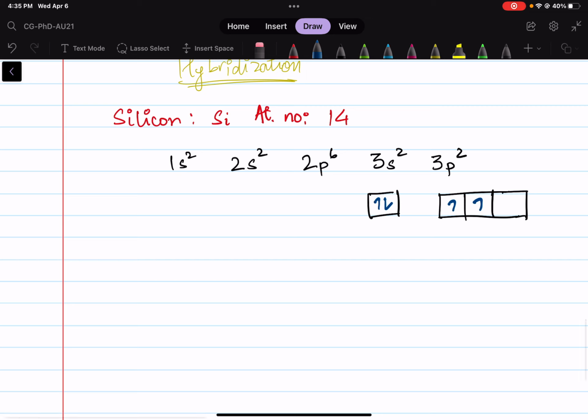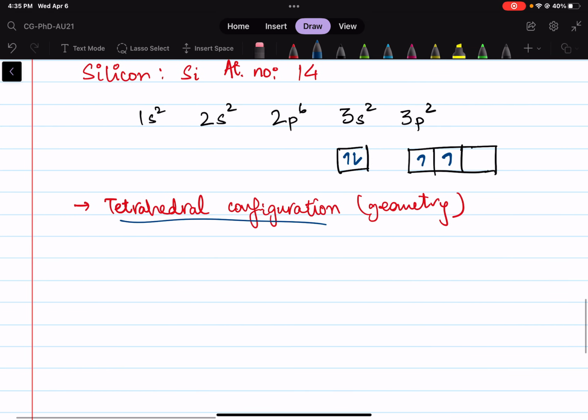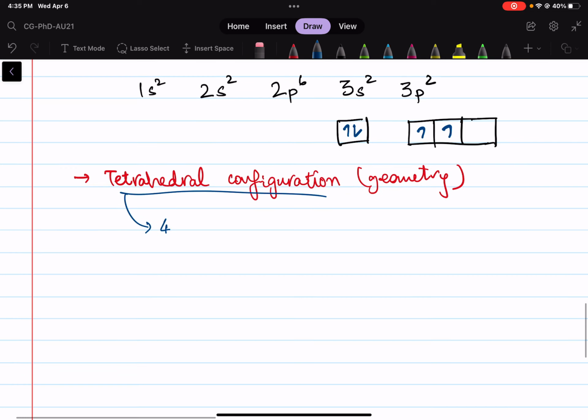And if I tell you that the silicon is forming a tetrahedral configuration or geometry, what does this give me? Tetrahedral means 4 or 4-sided.